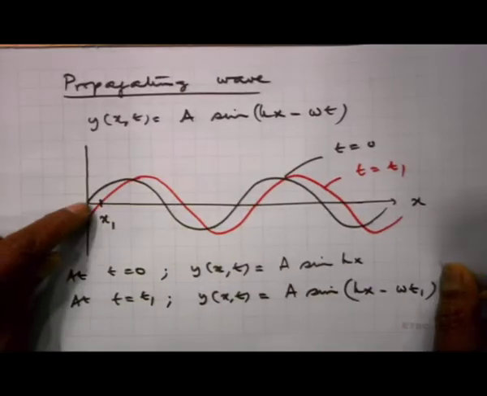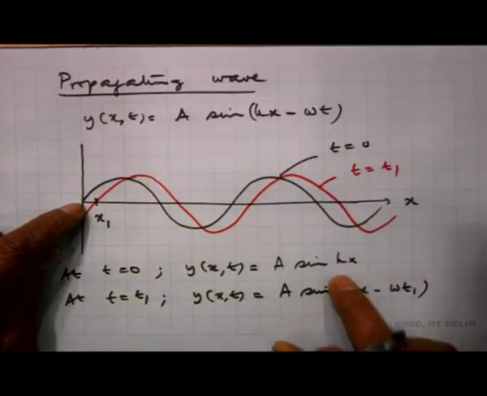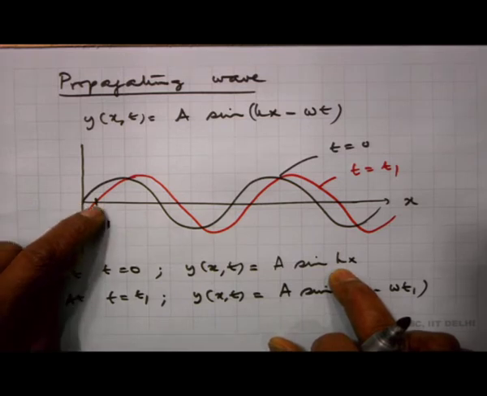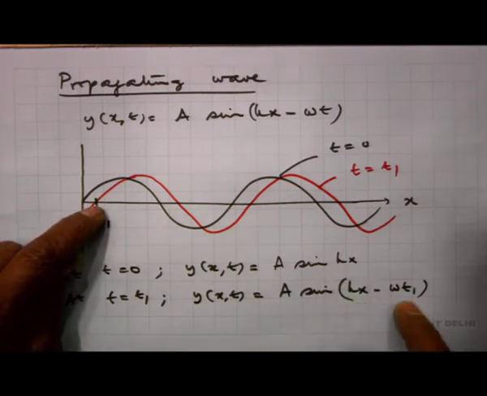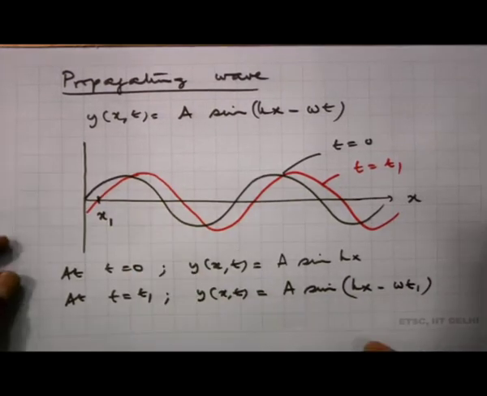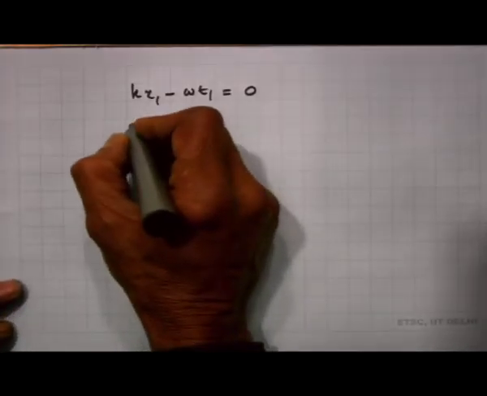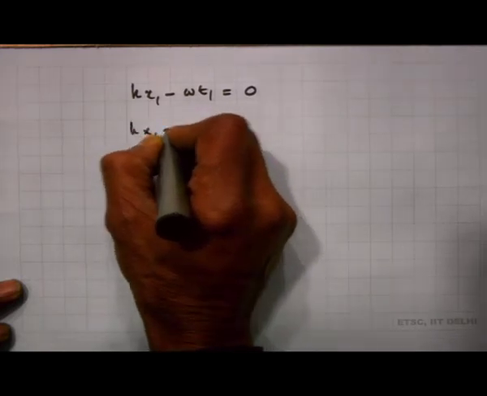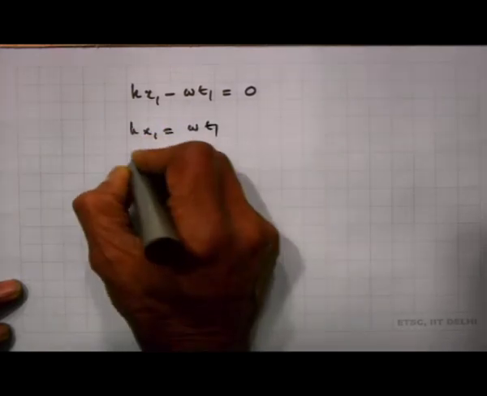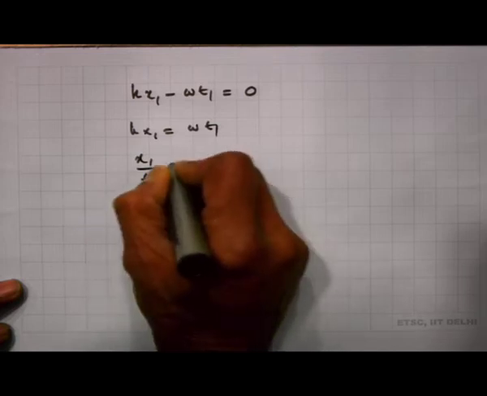At the earlier point, the argument of the sine function was 0, kx equal to 0; at this point, k x1 minus omega t1 is again 0. The same point has moved here, so x1 and t1 are related: k x1 must be equal to omega t1, or x1 by t1 is equal to omega by k.